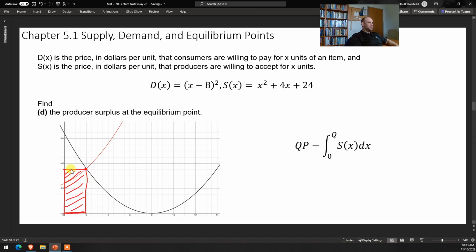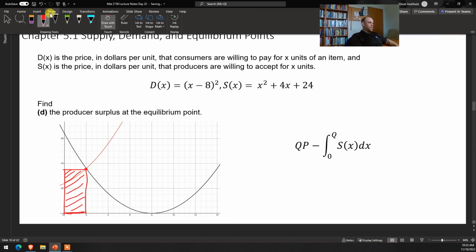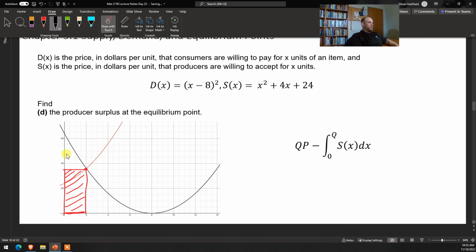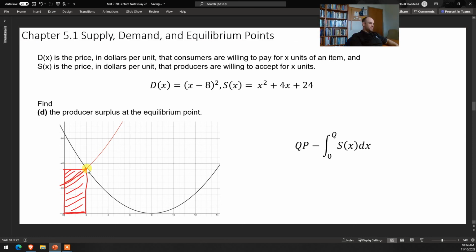Now this integral takes this rectangle and subtracts away the area underneath the supply price curve. So let's try a different color here.